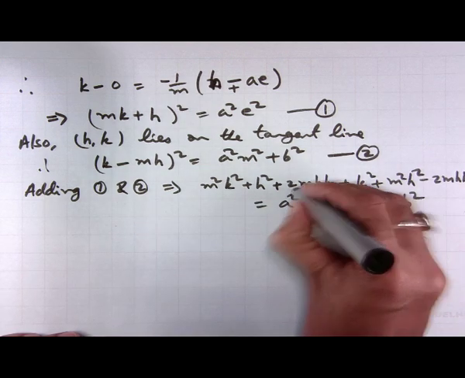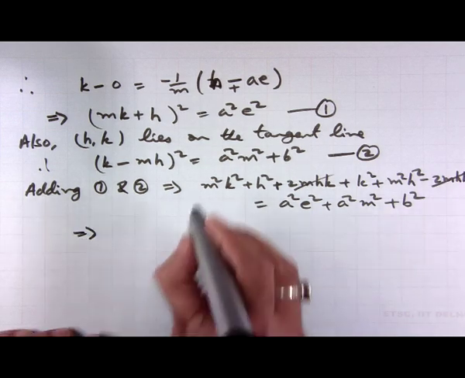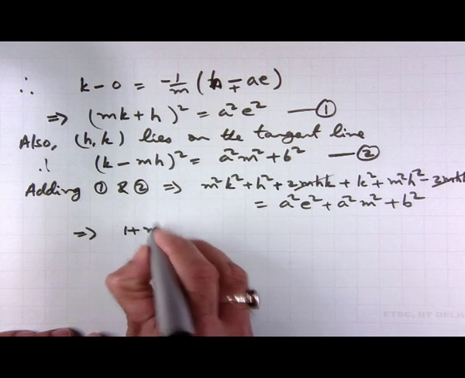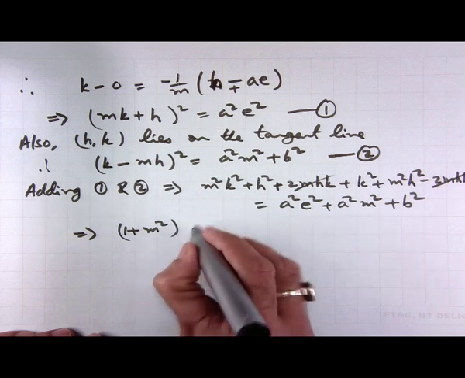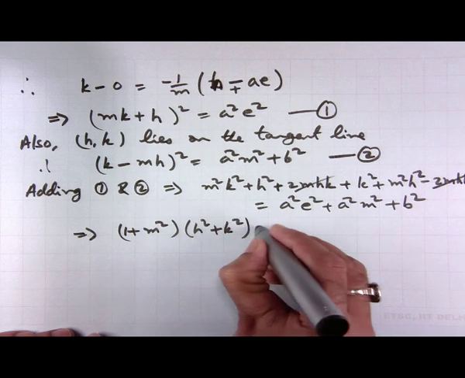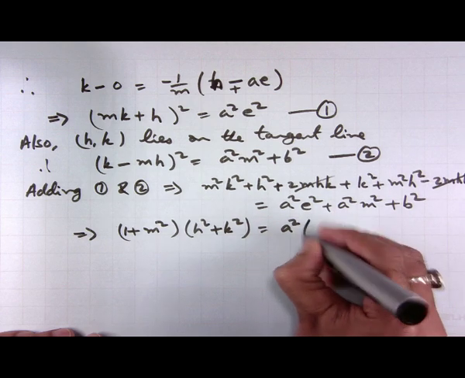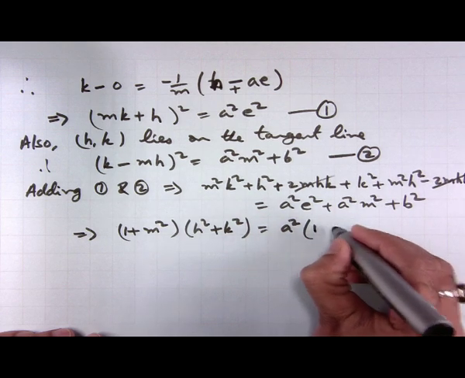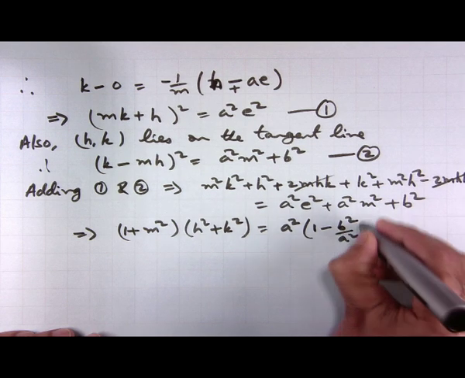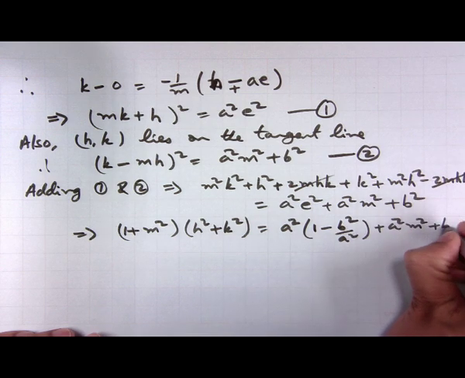So, we see that this cancels here, this will imply 1 plus m square is common and we get h square plus k square equal to a square. What is e square? E square is 1 minus b square by a square plus a square m square plus b square.